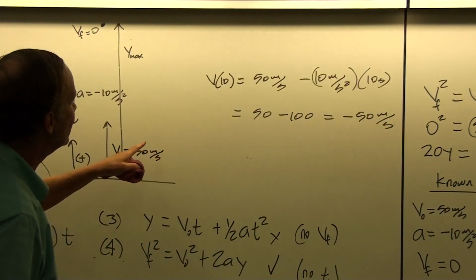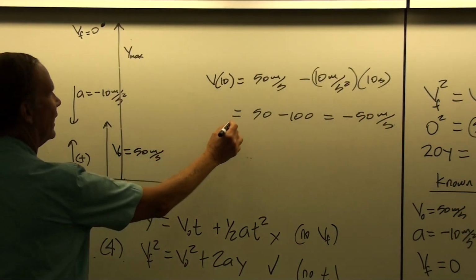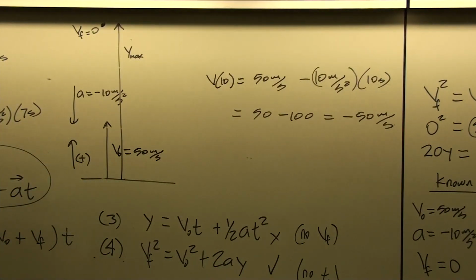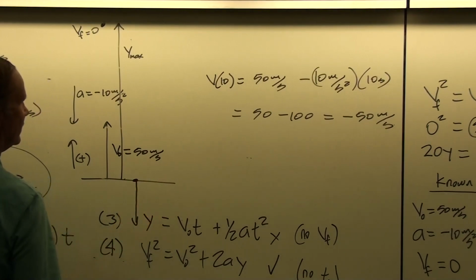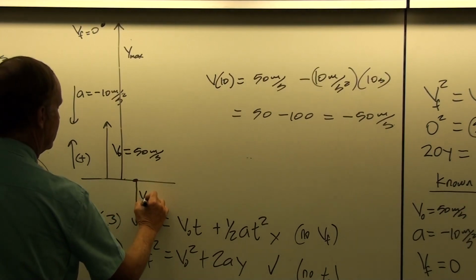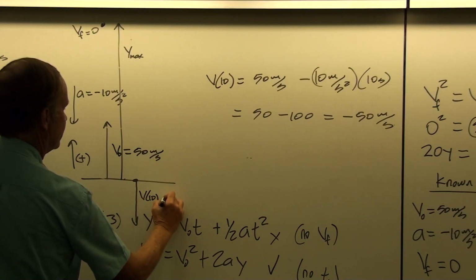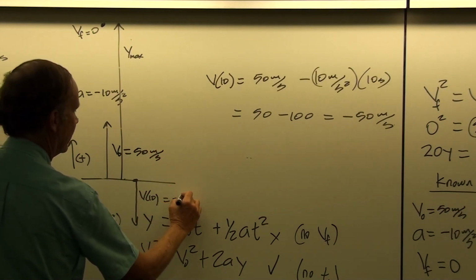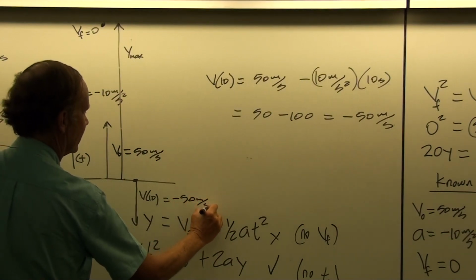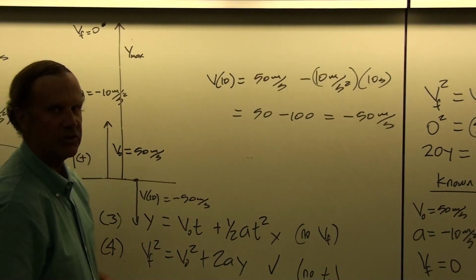Do you see here that v of 10, or v final at t equals 10 seconds, is the negative of the velocity when it started? So v of 10 is minus 50 meters per second. And so this is true in general then.